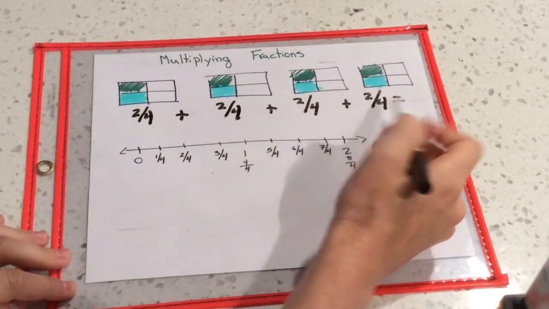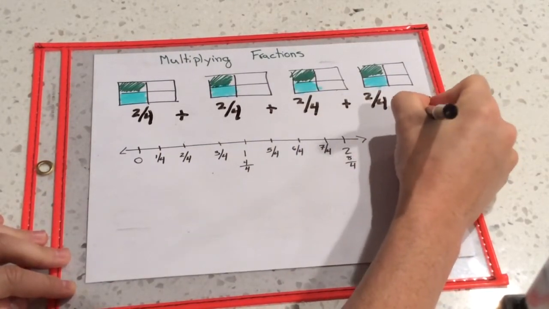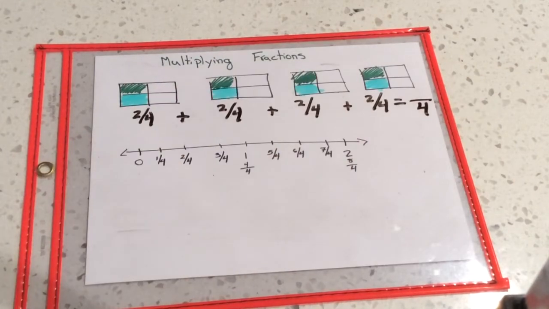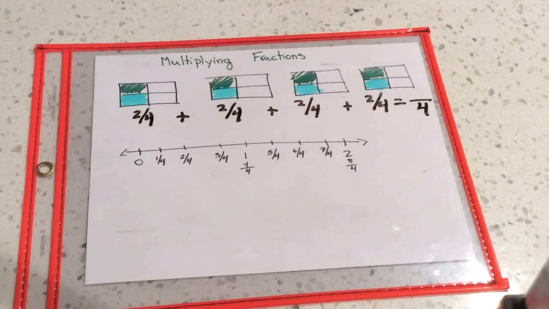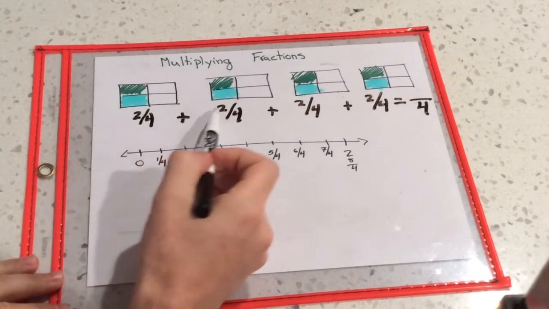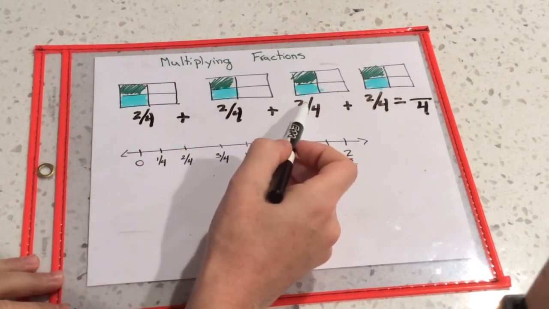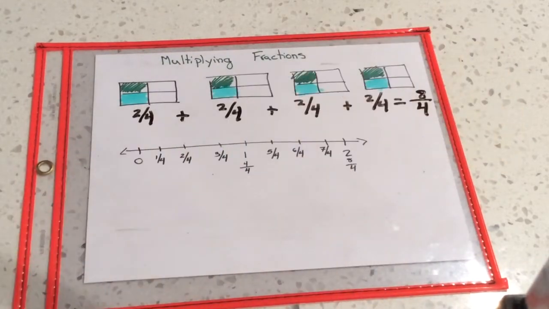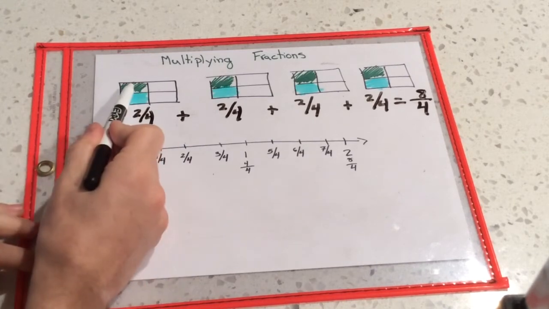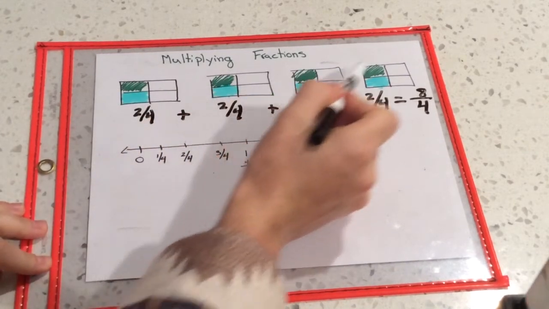Again, the denominators are the same, so we know it's going to be 4 in the denominator. And that's telling us the size of these pieces is not changing. It's the quantity or the amount of these pieces that we have. And then we can add our numerators together. So 2 plus 2 is 4, plus 2 is 6, plus 2 is 8. So if we add all of these fourths together, we would have a total of 8 fourths. And I can see 1, 2, 3, 4, 5, 6, 7, 8.